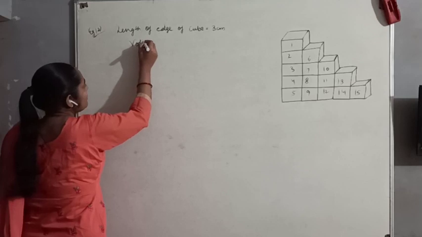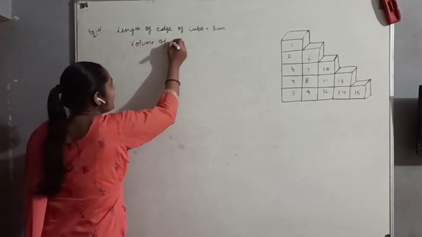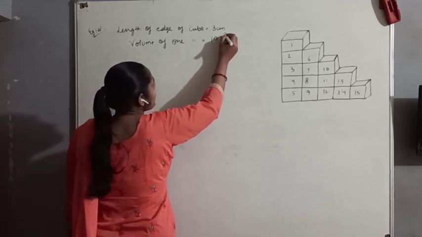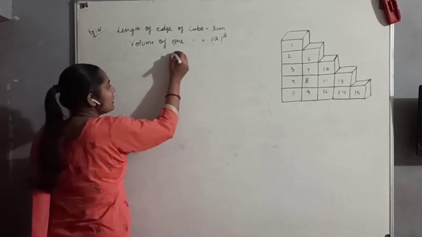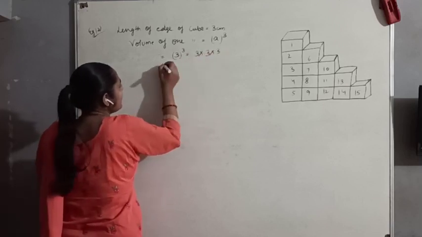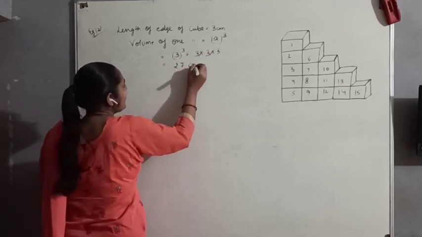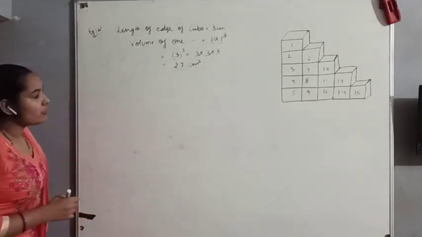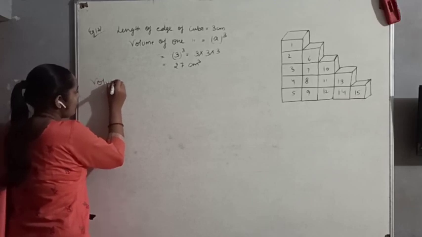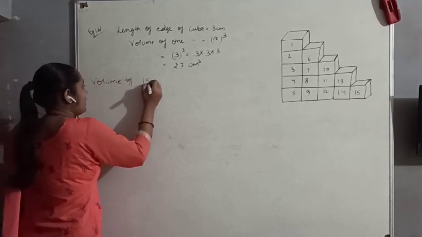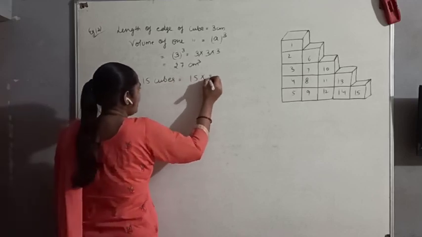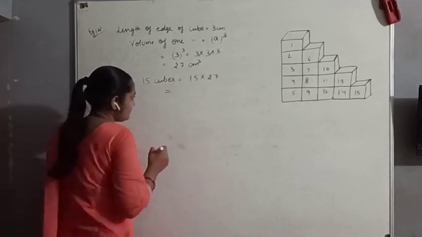Volume of cube is a cube, that is equal to 3 cube, that is equal to 3 multiplied with 3 multiplied with 3, that is equal to 27 cubic centimeter. Now we have to find out the volume of 15 cubes. So volume of 15 cubes will be 15 multiplied with 27.